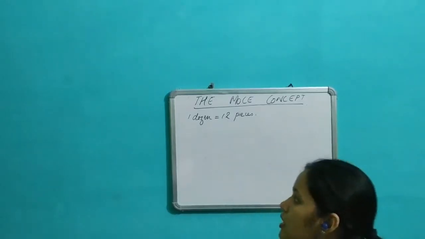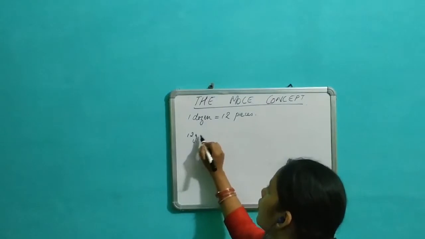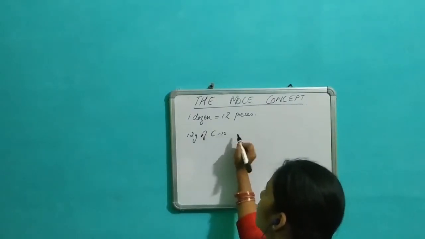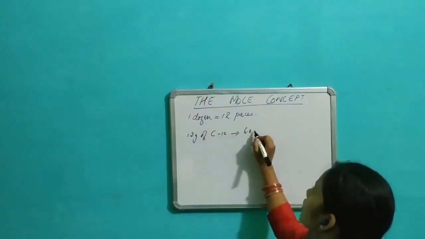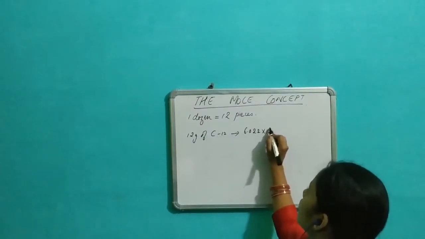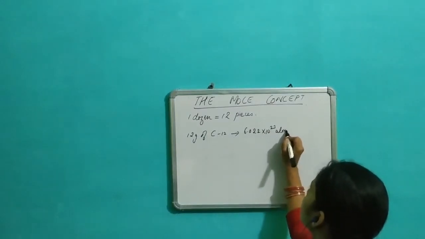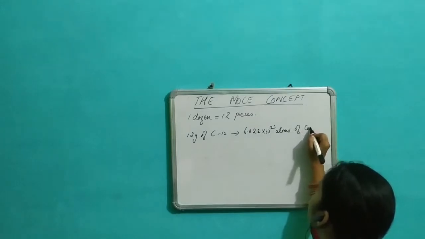Okay, that means 12 gram of carbon-12 contains 6.022 × 10^23 atoms of carbon-12.